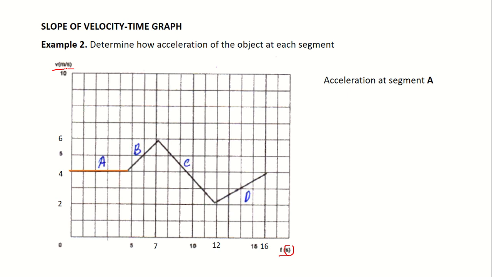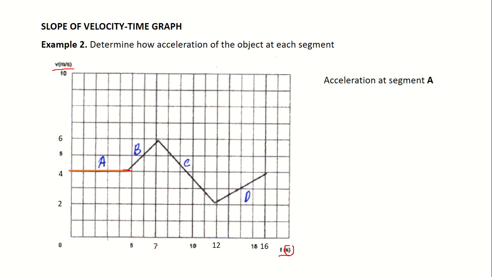It's in terms of meter per second. At first, the object was moving at the same speed, di ba? Hanggang marating niya yung, let's just say, 5 seconds. Just for the sake of simplicity, let's say that it was moving at a constant speed of 4 meter per second for 5 seconds, and then it gained speed.